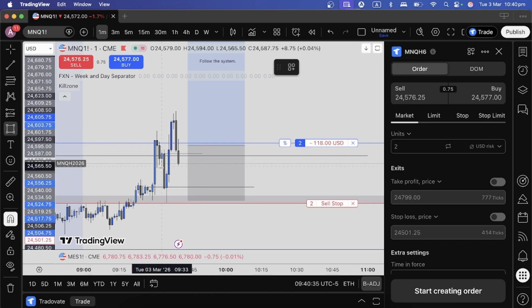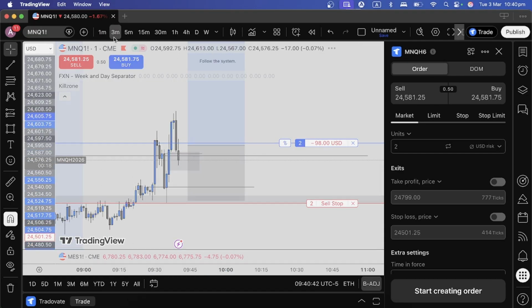And we also had a fair value gap. So yeah.